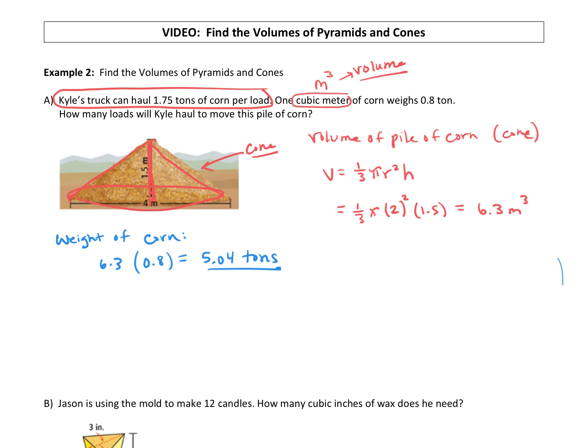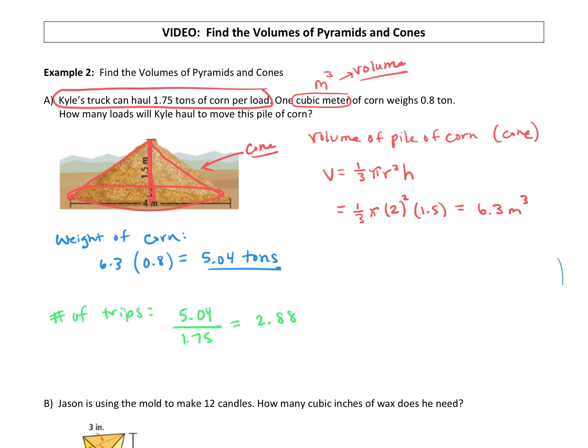To find the number of trips, we're going to take the total weight he needs to carry, 5.04 tons, and divide that by the 1.75. So how many 1.75 trips can he make? When we divide that out, we get 2.88. So it's going to take 2 trips and then 0.88 of a trip, which means he will have to make 3 trips to do this.